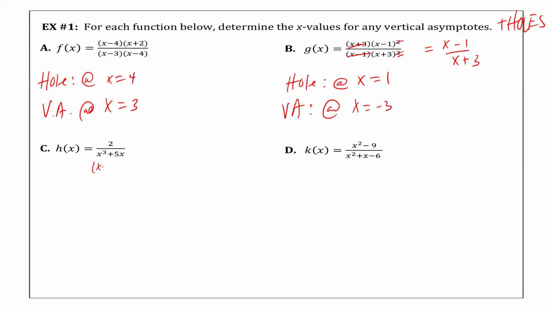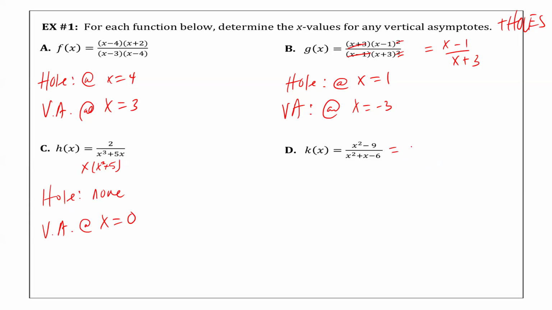Okay. I was going to factor out first, but that's cool. I factor first. I forgot the square. There are none. And I have one VA, and where's it at? Okay. I'm going to factor this first.